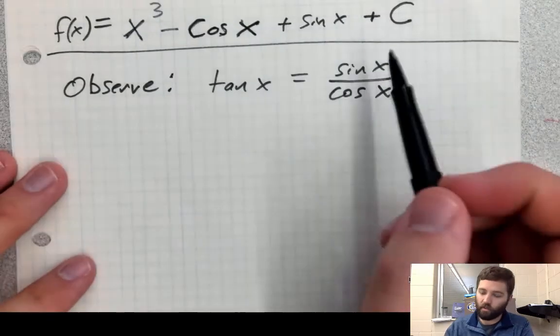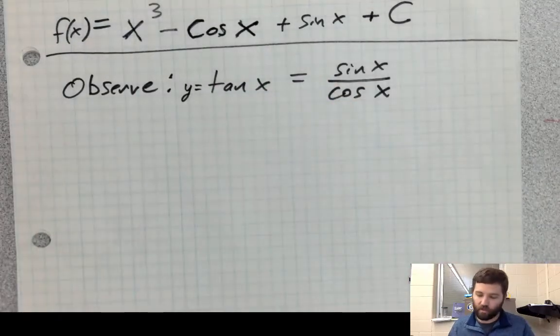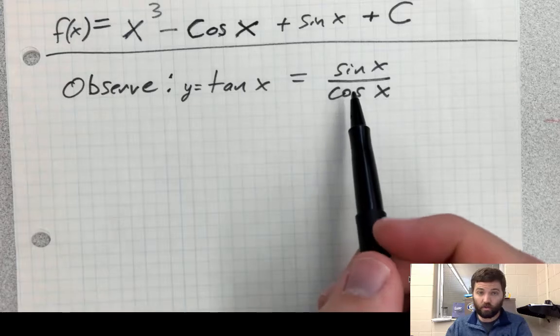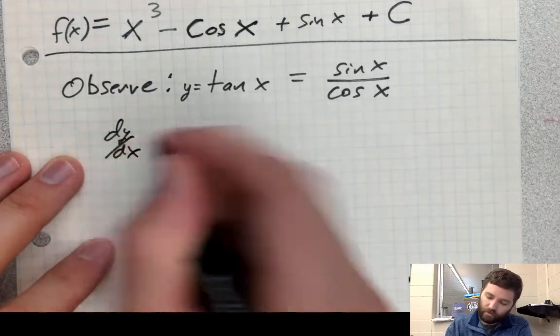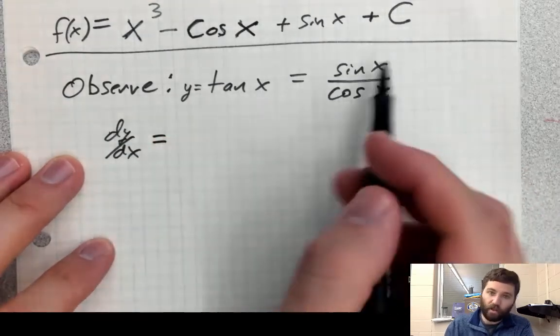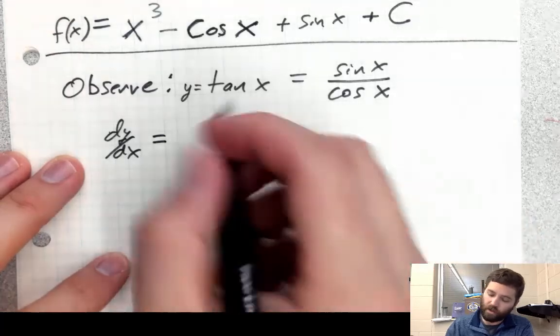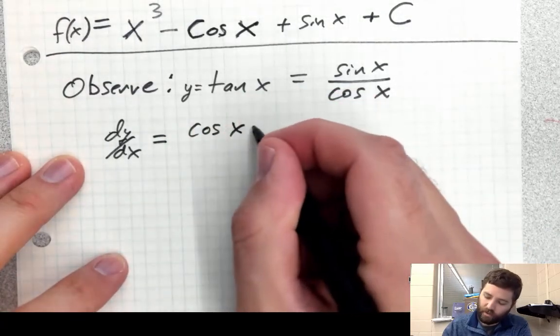So to do that, if this is our function, y equals tangent of x, then to take the derivative we'll use the quotient rule. So dy dx is going to be equal to, applying the quotient rule, bottom times the derivative of the top.